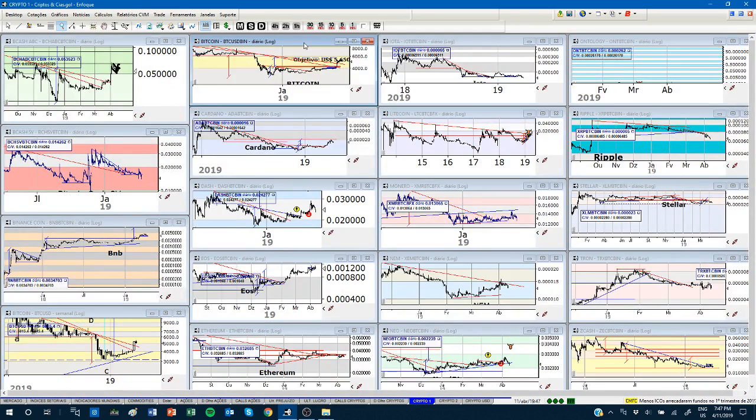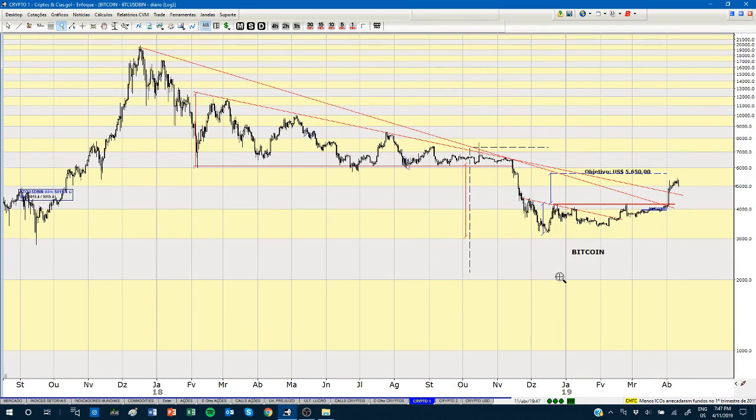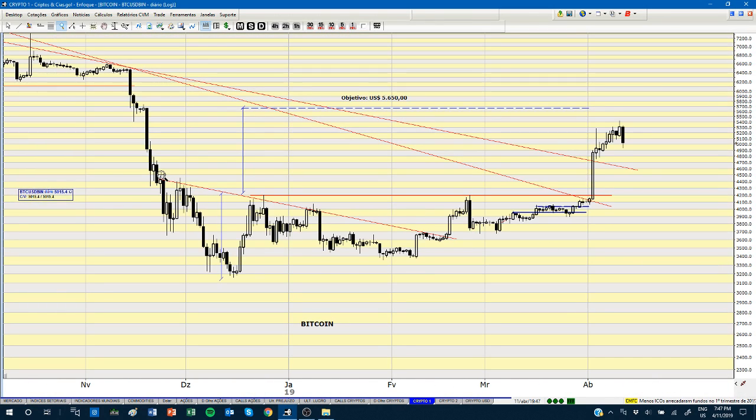And next one is this one here, which is the daily chart. And besides, I consider that as being a bottom formation, inverted head and shoulders. That projects this objective here that would take the prices of Bitcoin to around 5,600. So I think this is going to evolve into a continuation pattern, a rectangle or something like that.